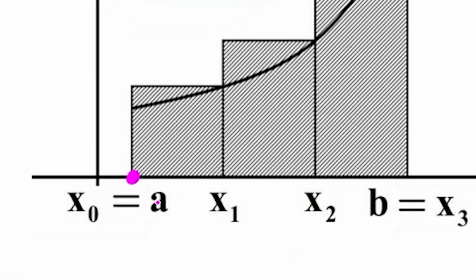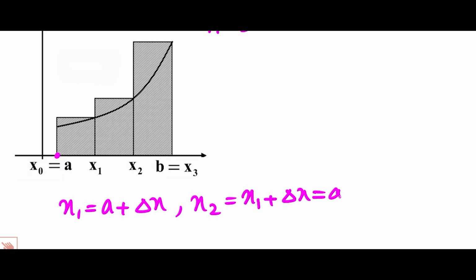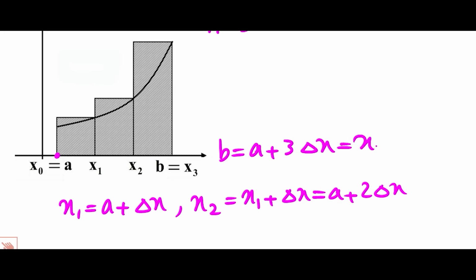So, for example, here is a, so x1 equals a plus delta x, x2 equals x1 plus delta x or a plus 2 delta x, and b equals a plus 3 delta x or x2 plus delta x, right? And the height is the function value f of x at a specific point.